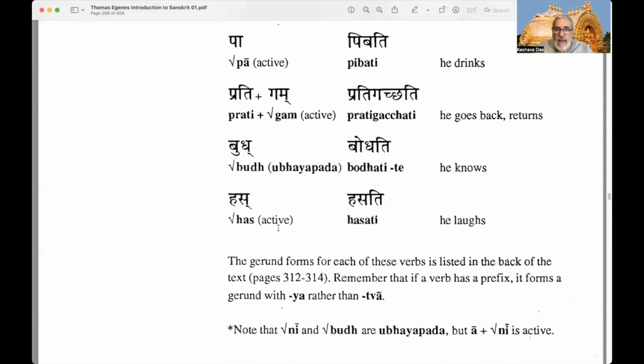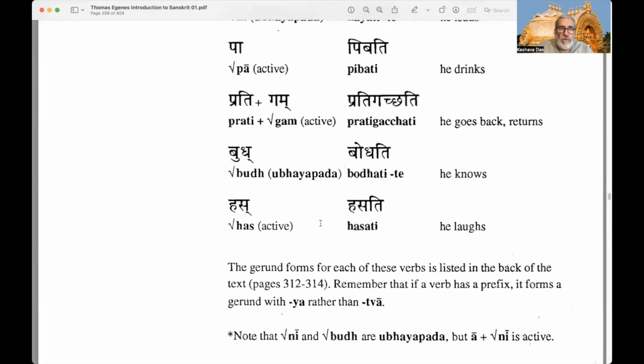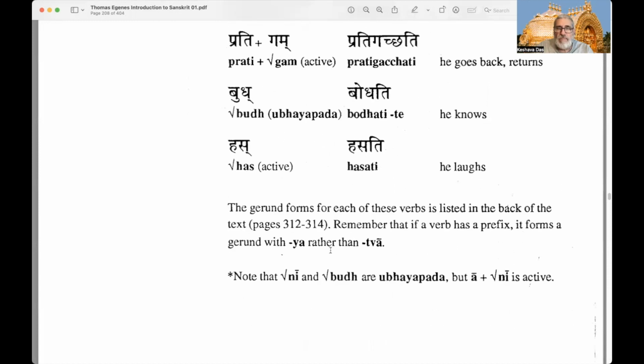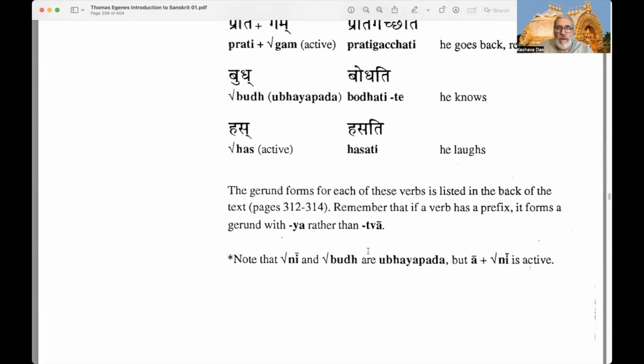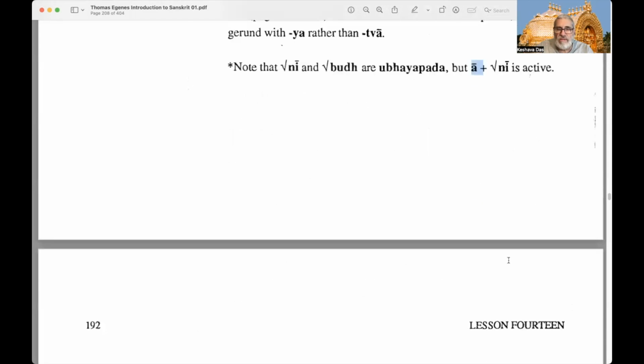And therefore, he says here, note that ni and bud are ubhayapada, but ani is only active, only parasmaipada. So ni and bud here are ubhayapada; they can take both active and middle endings. But when you add an upasarga or prefix before ni, it can only take active endings.